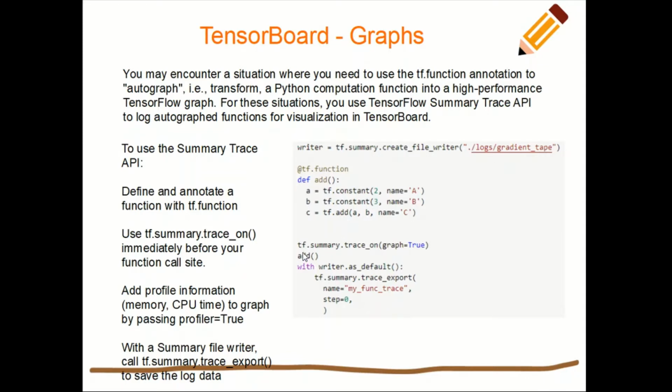Then we have to turn on the trace, which we do using tf.summary.trace_on, and we can say graph=True there, and then execute that particular graph. Once the graph is executed, with the writer as default, we have to export the captured trace, and we can give it a name. That is all we need to do.